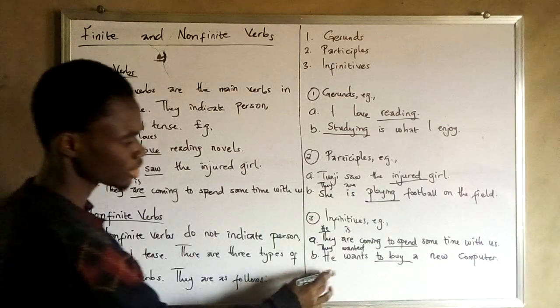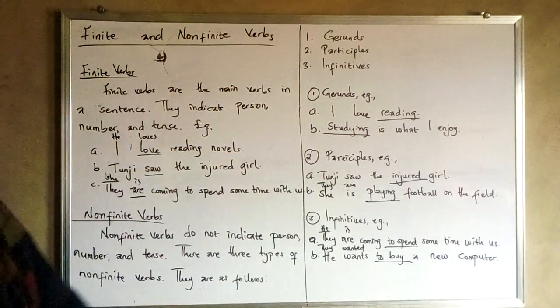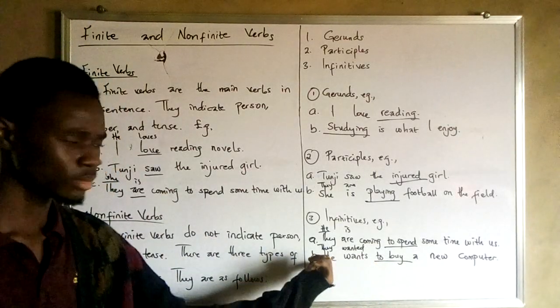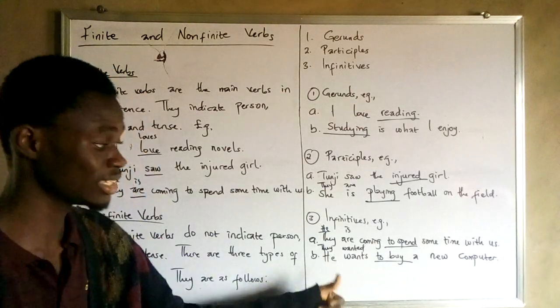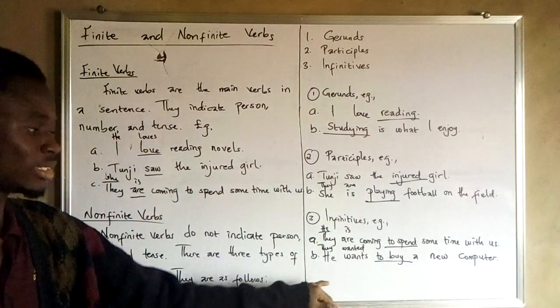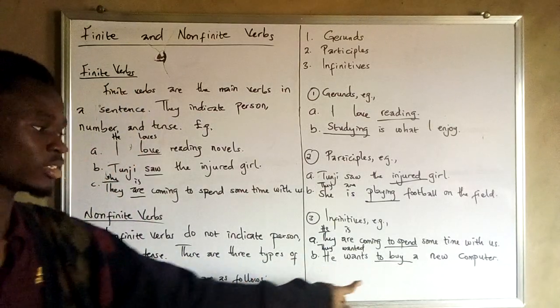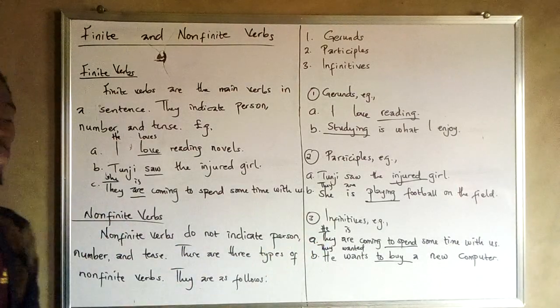And the last one here is: he wants to buy a new car. He wants to buy a new car. The to buy here is not going to change if I were to change the subject he to a plural entity like they. This is definitely going to be want, not wants. The s is going to be taken away because they require a plural verb.